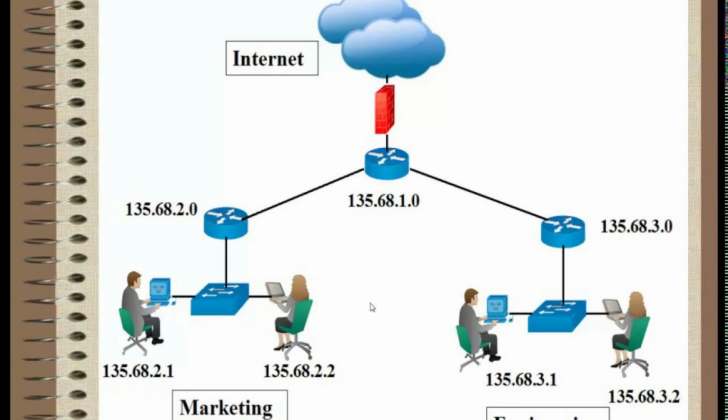It starts at 128.0.0.0 and ends at 191.255.255.255, connecting about 65,000 hosts. Class C has the subnet mask 255.255.255.0. It starts at 192.0.0.0 and goes up to 223.255.255.255, connecting only 254 systems.